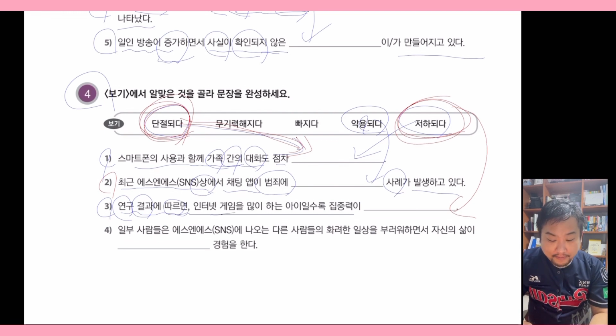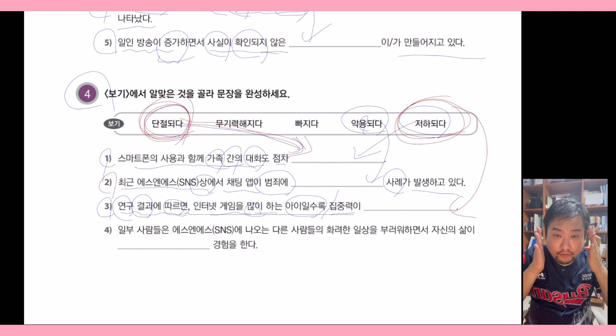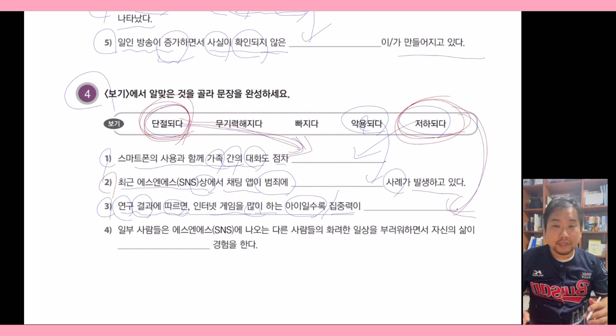So 인터넷 게임을 많이 하는 아이일수록 the child 집중력 is a concentration, focusing ability, concentration이 저하되다. 저하되다 is a drop, decline. So drop of the concentration ability. The child who more do internet game.